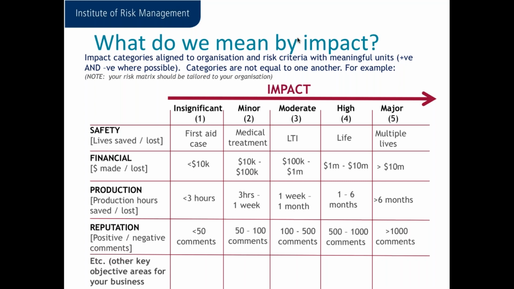And I might be thinking of that and saying that in my mind, if we didn't have these scales in here, I'd be thinking these are all major, but somebody else could be having a completely different thought process around what these different levels against these different impact scales are. So we try to put this objectivity in by using these tangible measurements, so we can be quite clear what these scales mean.